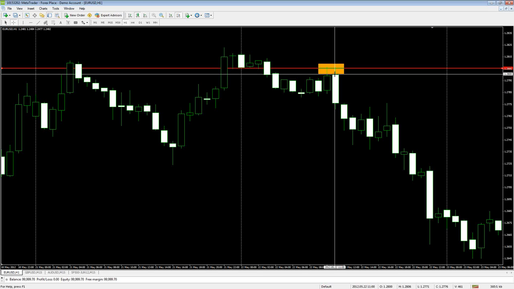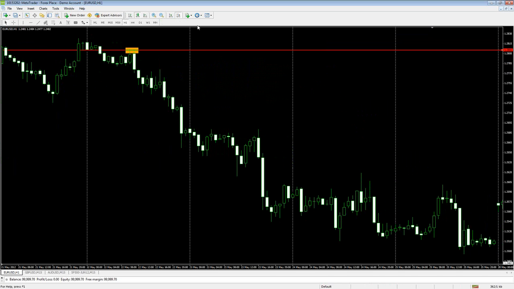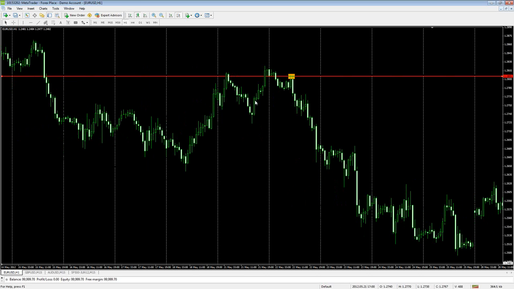You just have to be patient and draw these lines. Don't be lazy. Don't be afraid to draw one line or two lines. Sometimes I leave support and resistance lines for weeks. Sometimes I leave trend lines for weeks, and eventually I see the price react to these lines.